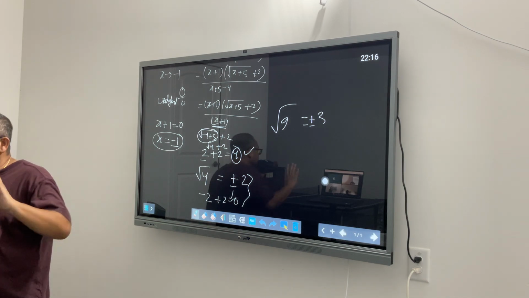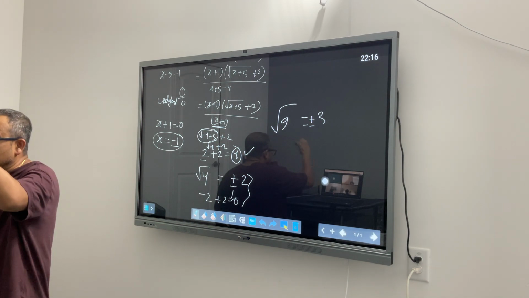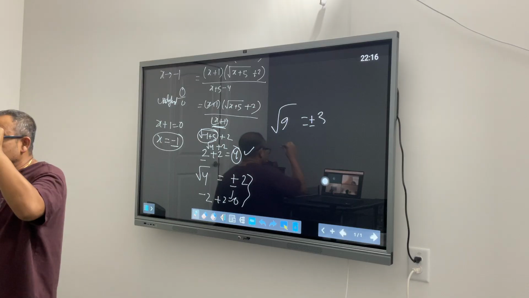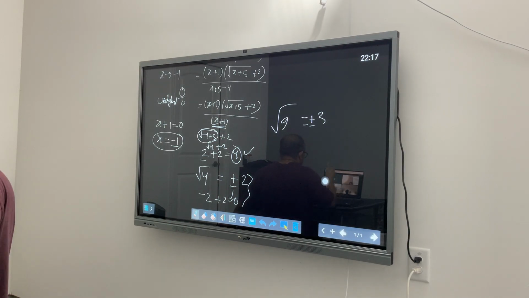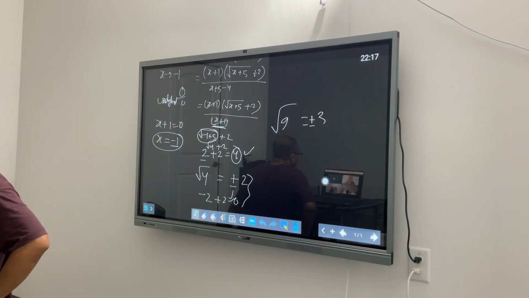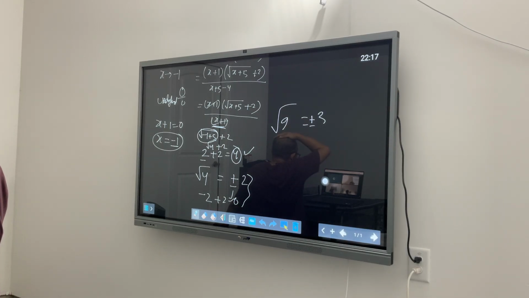But the underlying concept will remain the same. First you will plug in the value to see what you are getting. If you are straight away getting the answer, there is a limit, meaning the function is continuous there. If you are getting it undefined, that means there is something that you have to knock out, something that is making it undefined. So find that factor, remove that factor, acknowledge that yes, this becomes undefined at this point, but I am knocking off the common factor which is making it undefined, and after doing that, this is my answer.